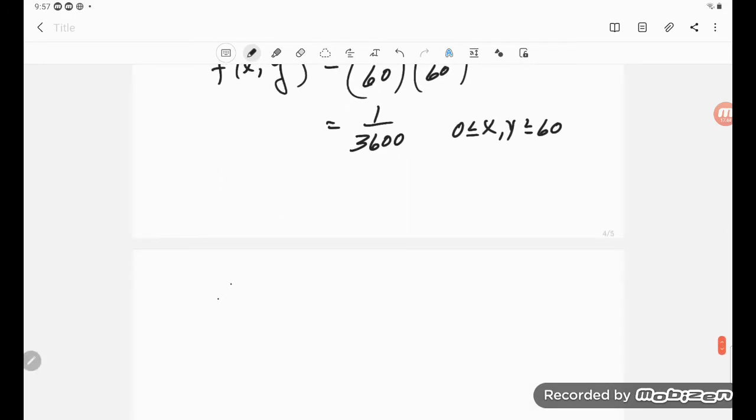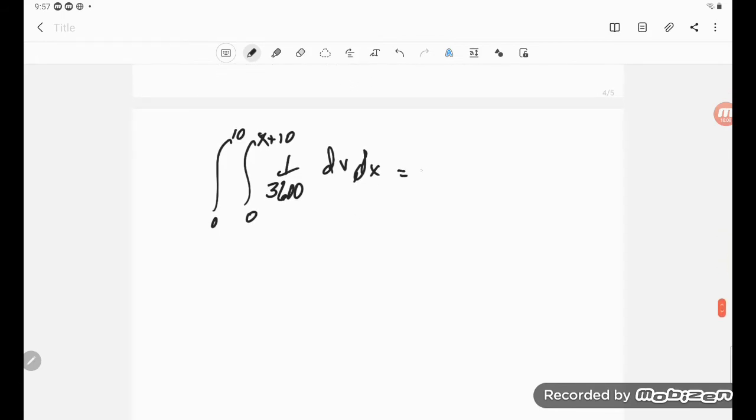And so I can do that first one, integral from 0 to 10, from 0 to x plus 10 of 1 over 3600 dv dx.